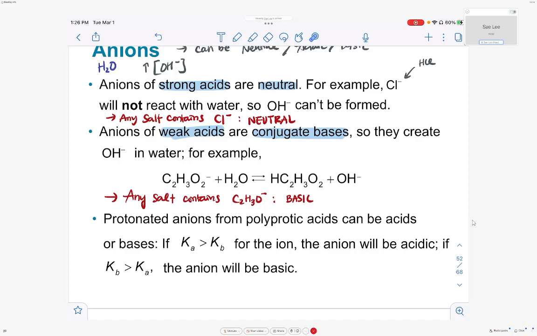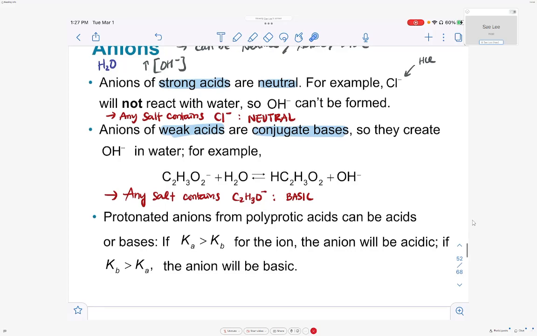Why are salts that contain anions of weak acids basic? Because these weak bases are able to steal a proton from water and increase the hydroxide concentration. These anions are able to act as a base. Okay.